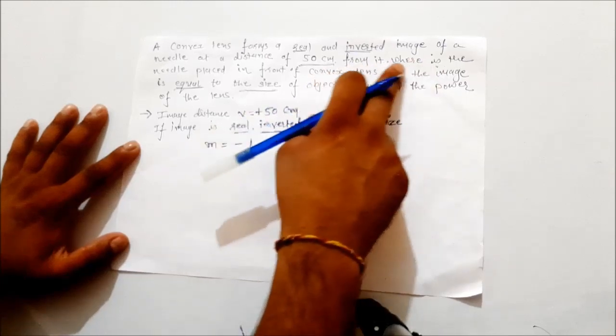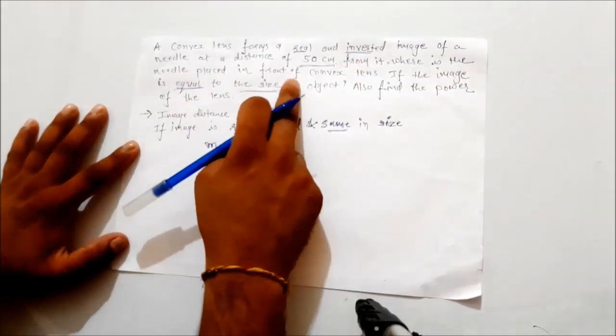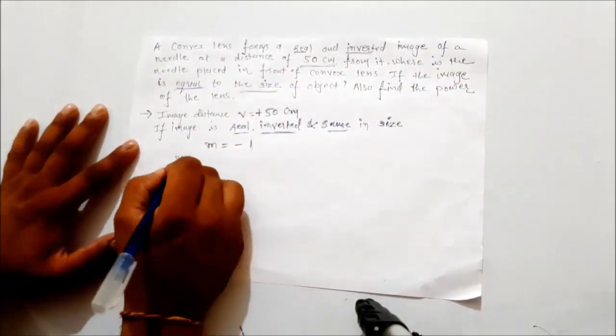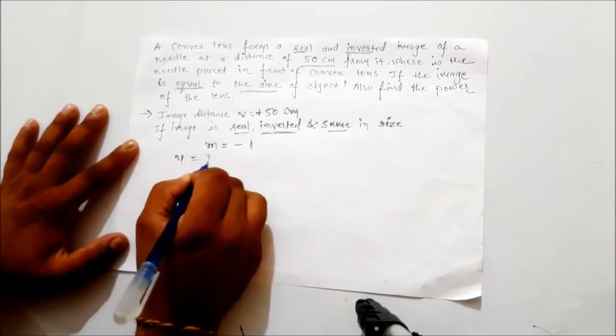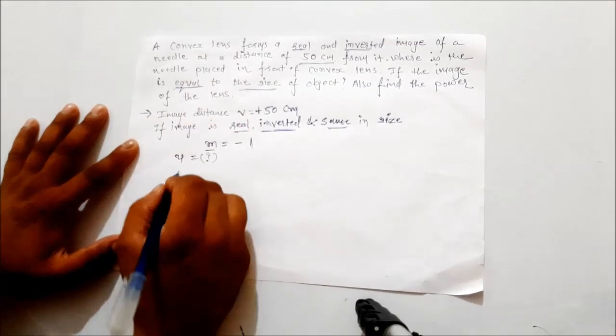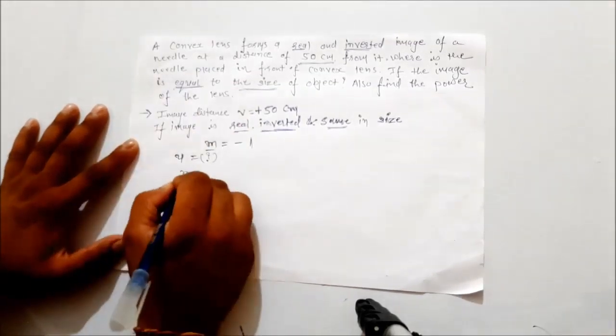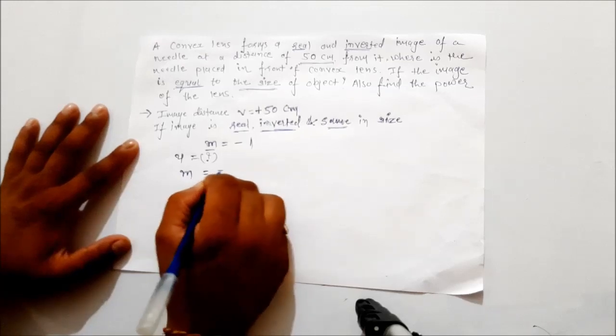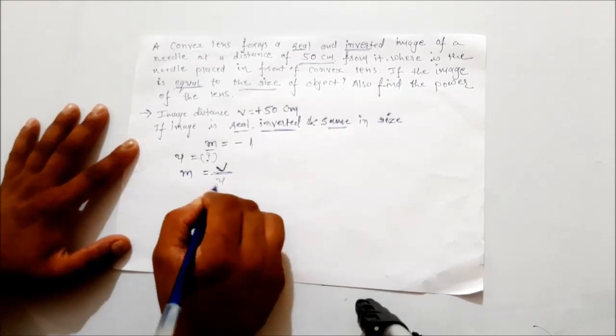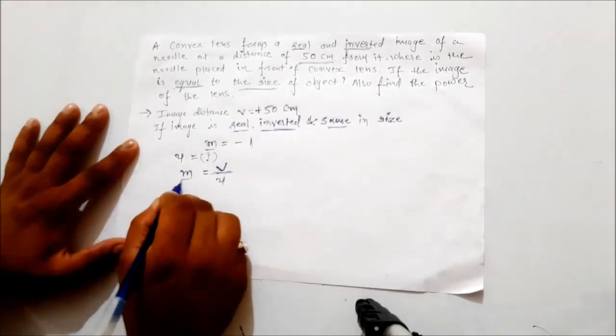For that, what do we have to find out? Where the needle is placed, we have to find out u. It's very easy. From the formula of magnification we can do. We have a lens, so m will be equal to v by u, not minus v by u. For lens it will be only v by u. Magnification is given as -1.